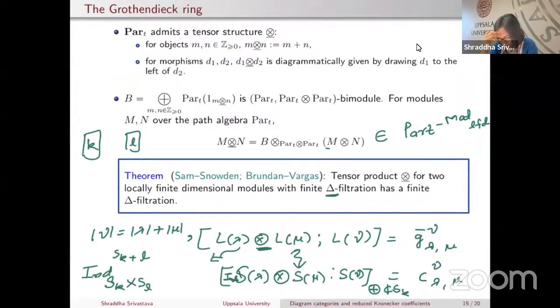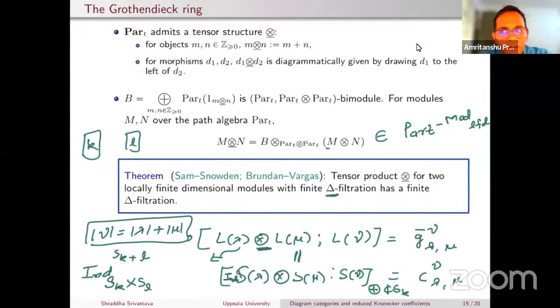Maybe I think it's possible. I think it's easier to go the other way: if you have GLN modules, how do you get to the symmetric group? Take the all-ones weight space, and that's a representation of Sn.